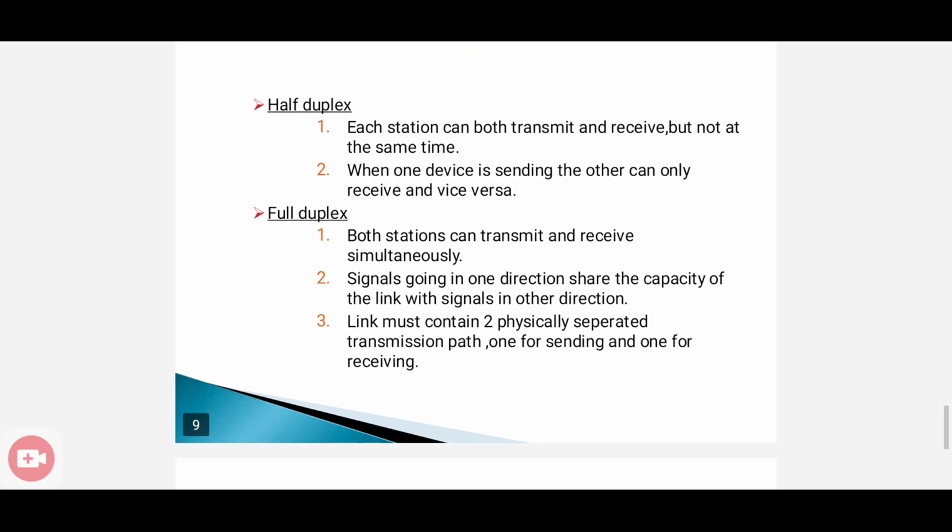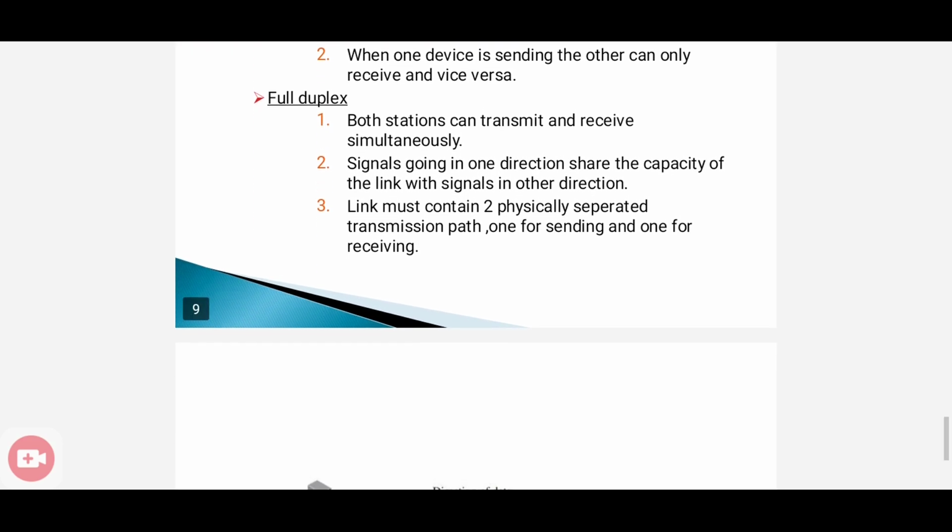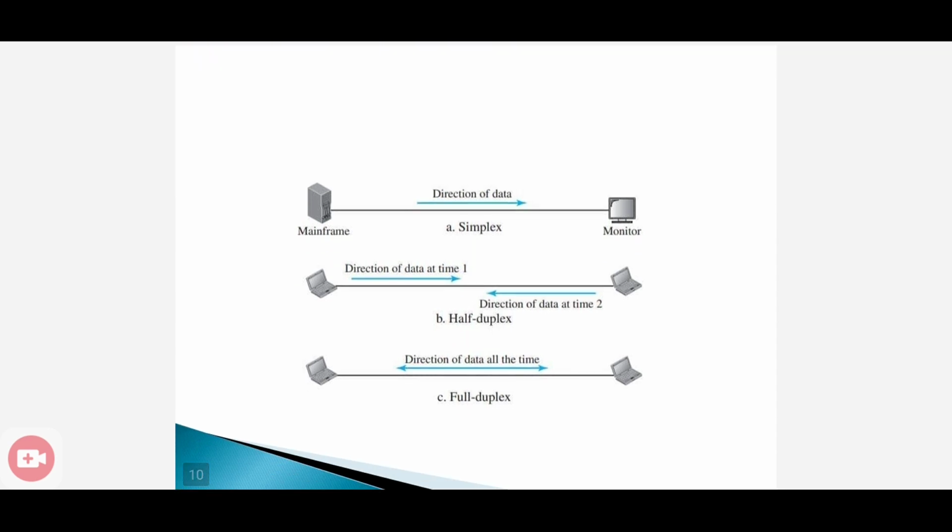So the data flow mechanism is of three types: simplex, half duplex and full duplex. In this figure we can clearly understand what is simplex, what is half duplex, and what is full duplex. In the first figure, you can see there are two devices, a mainframe and a monitor, and the direction of data is from mainframe to monitor. Data flows in only one direction, so it's a simplex mechanism. In figure B, there are two devices, but at time t1, the direction of data is from device 1 to device 2.